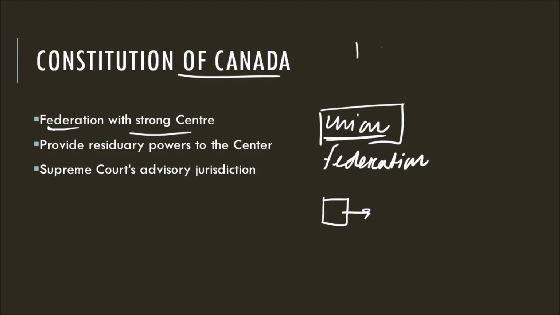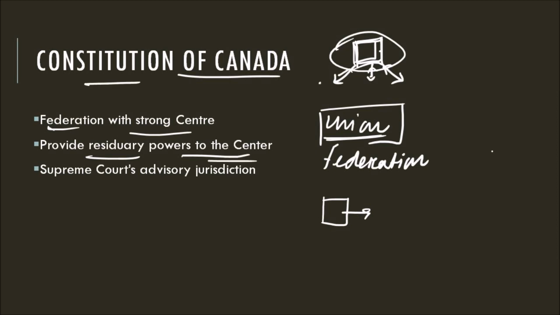In India, we have a federal system of dual government. Like we have a central government for our country and state governments for respective states. But the dual government system has a central tendency. That means it is a dual government system with a strong center. We have also taken the feature of providing residuary powers to the center from the Constitution of Canada.